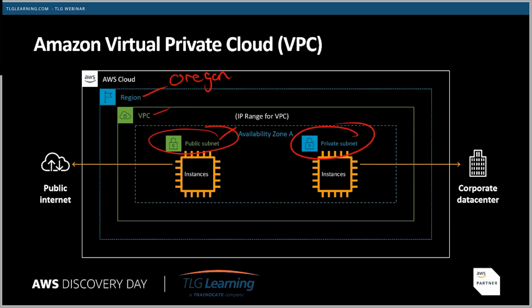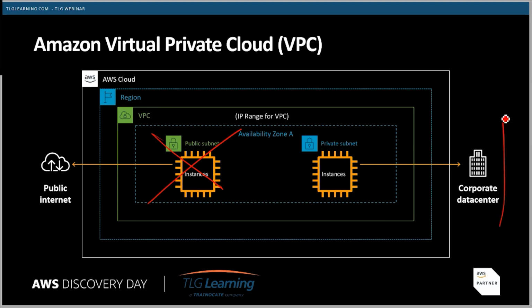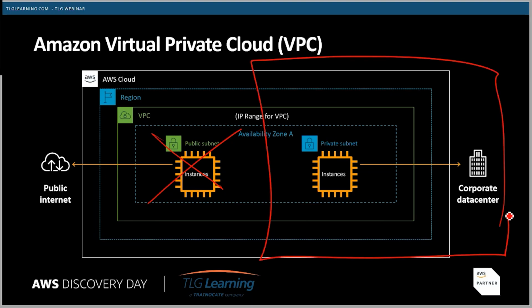Maybe I'm using this cloud deployment as a hybrid type model where I don't wish anything to be publicly available directly from AWS. I'm simply using the cloud as an extension of my on-premises data center. All traffic will come in through my corporate data center.